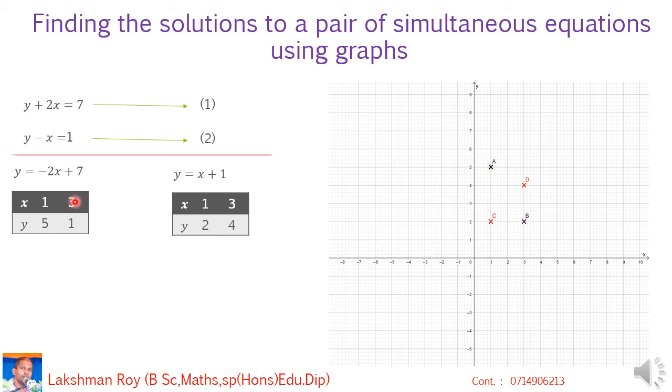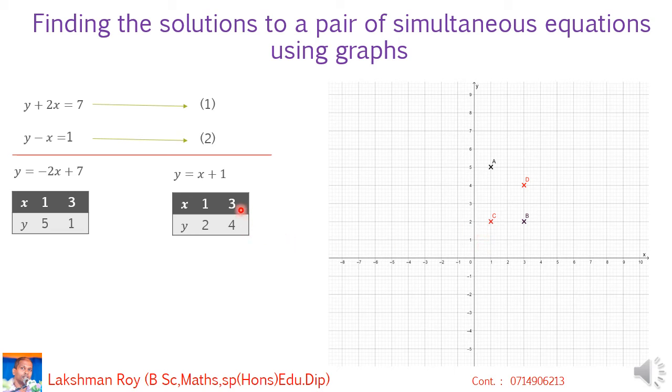Then the (3, 1) coordinate. How to plot that one? X coordinate is 3, y coordinate is 1, right? So this is my other point, right? So then I can join these two points A and B. Then if you move to this point, x coordinate is 1, y coordinate is 2. You have to go up, right? This is the point I name as C.